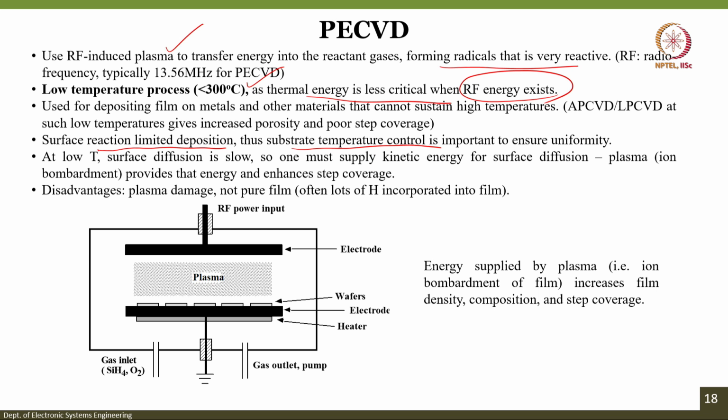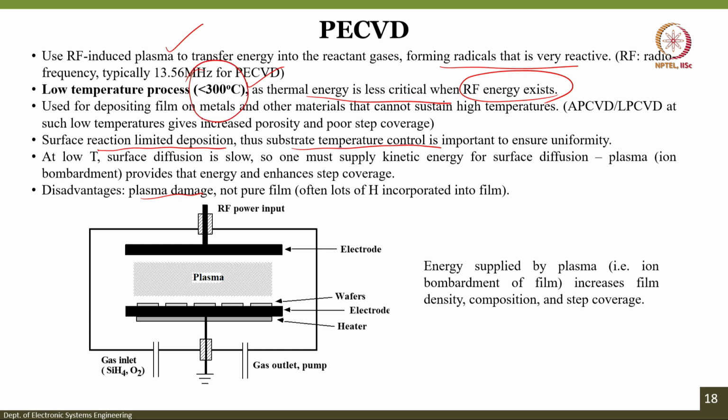The main disadvantage of using a PECVD technique is that the film may not be pure. Also there can be damage to your substrate due to the formation of plasma. The plasma can damage your substrate and the film also may not be pure, but the main advantage would be a very low temperature operation.